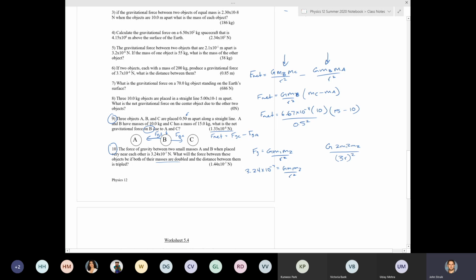If you figure this out, you get 2 times 2 on top, so you get 4Gm1 m2, and then 3 squared is 9, so that's going to be 9r squared. The value of this is 4 times 3.24 times 10 to the negative 7. So all we're going to do is take that 3.24 times 10 to the negative 7, multiply it by 4 and divide it by 9, and you get 1.44 times 10 to the negative 7.